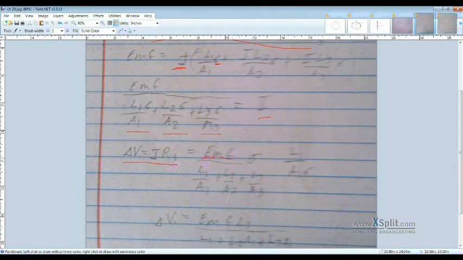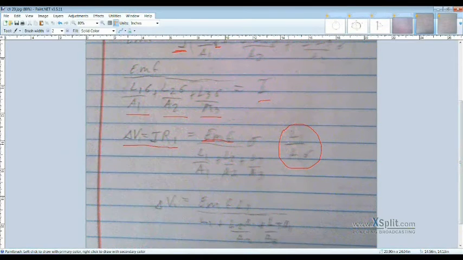And we get that EMF over the resistance of all three times the resistance of whichever wire you're looking for the voltage difference in. Like in this instance, I did it for the first length of wire.